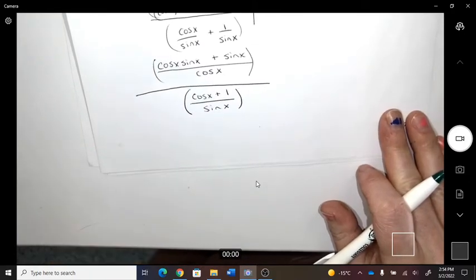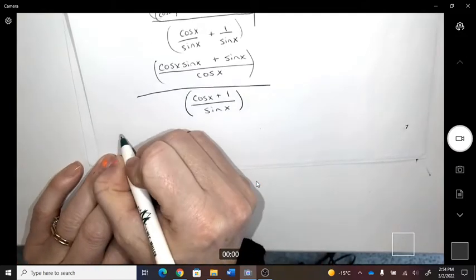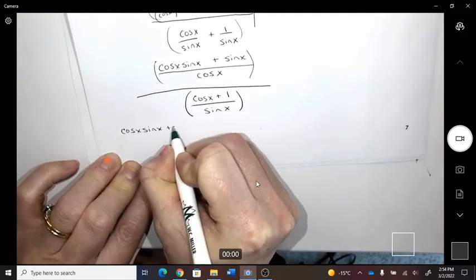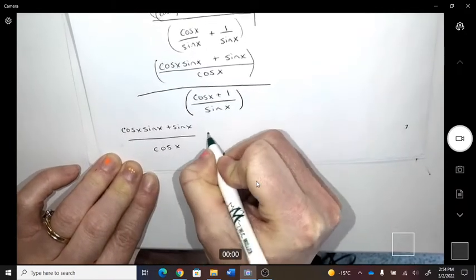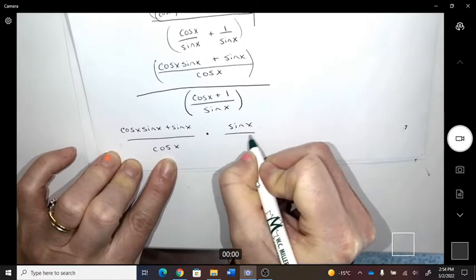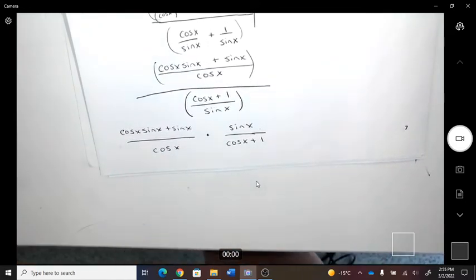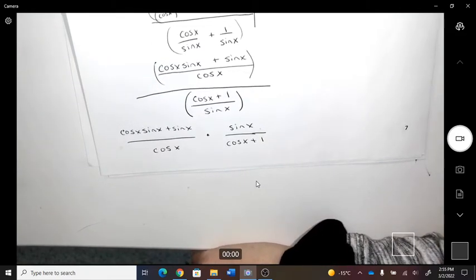We're going to now take this whole thing, and instead of dividing fractions, can you make it times with a flip? Fraction division, you times and you flip.